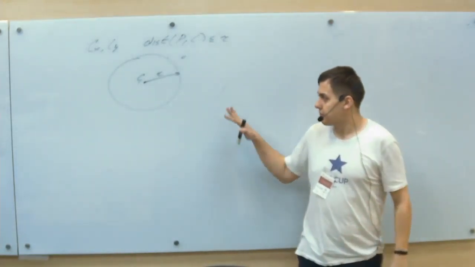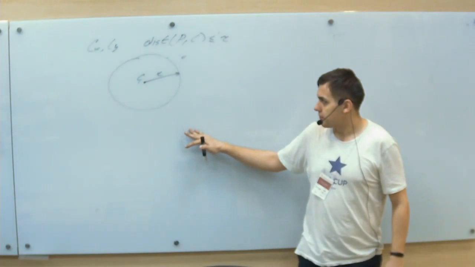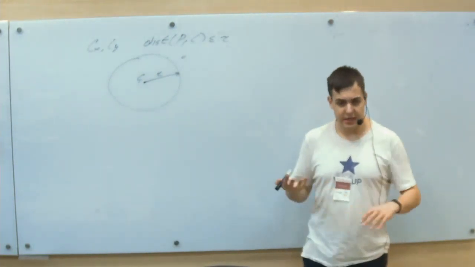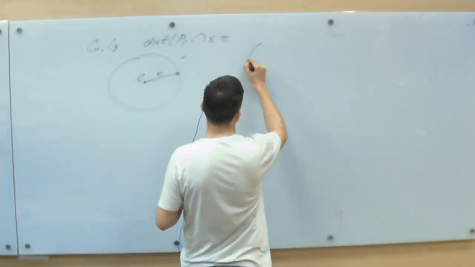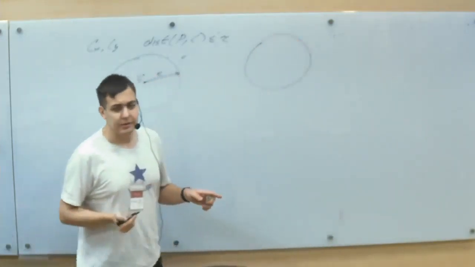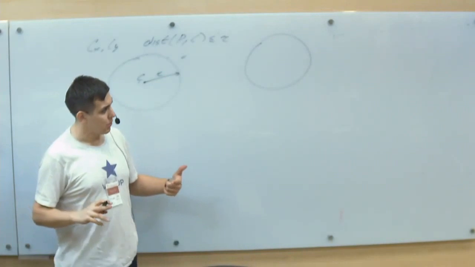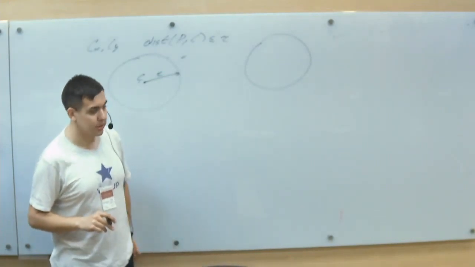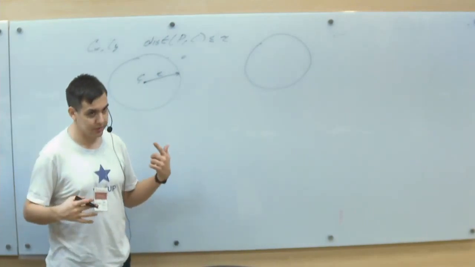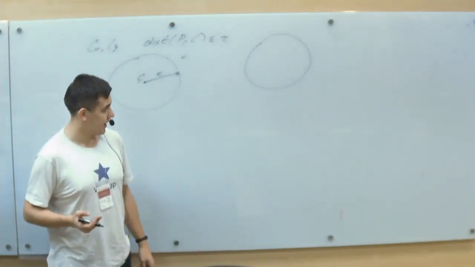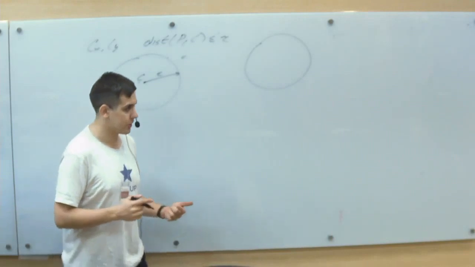Well, let's intersect a circle and a line. There are two common ways when we talk about circles. We can solve them with algebra or we can solve them with geometry. I'll show both ways and you can choose which one you like more.